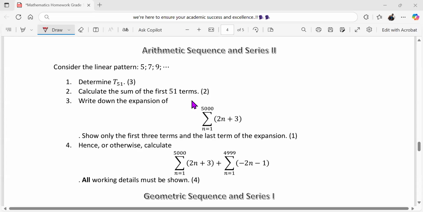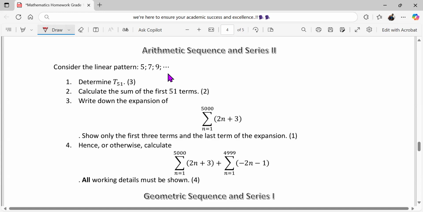Well, next they say we need to write down the expansion of this series. So we have the sum of this series that is represented by the general term, 2n plus 3. But it's the sum from n equals 1 to n equals 5,000.